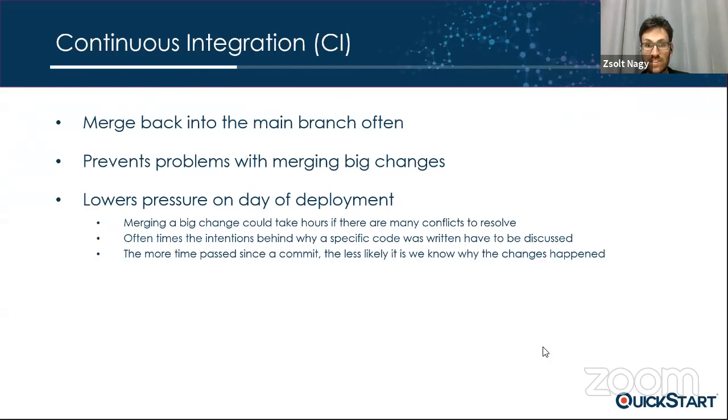So this continuous integration concept lowers the pressure once the deployment comes, because if you merge a big change, I already told you, there could be trouble because you don't know when the merge will end. In fact, in that 2013 day that I can still remember, it was not even a merge, but a rebase.